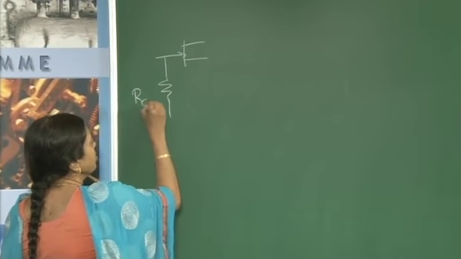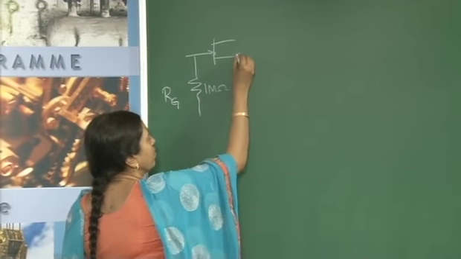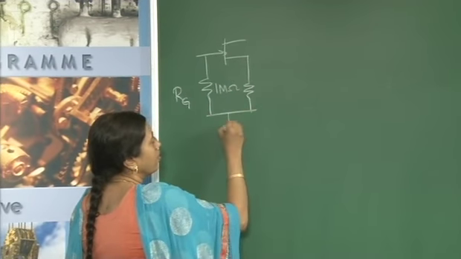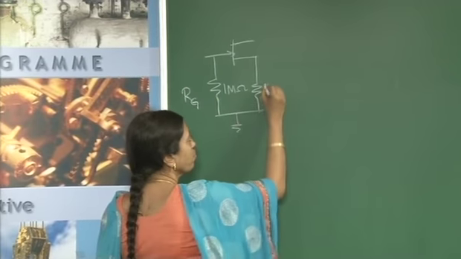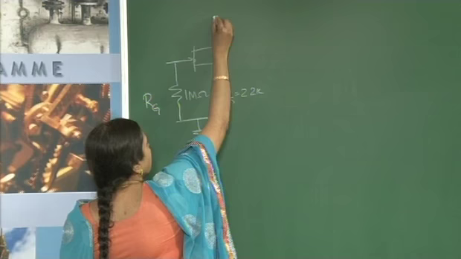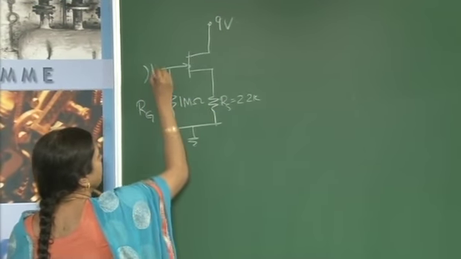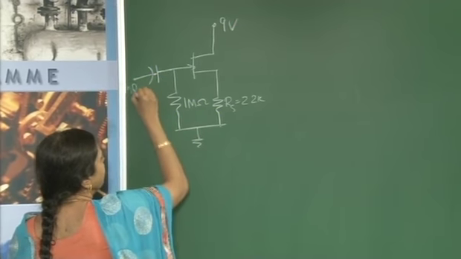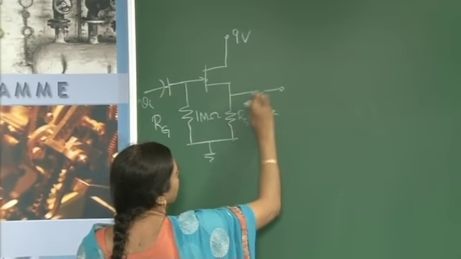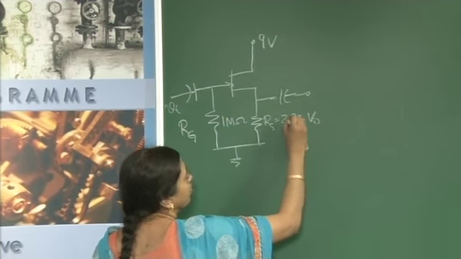So, RG is 1 mega ohms, RS is 2.2 K, this is drain which is tied to plus 9 volts, this is Vi, and across source we are taking out the output.